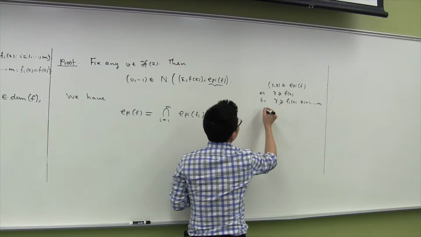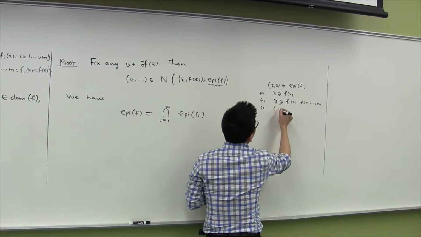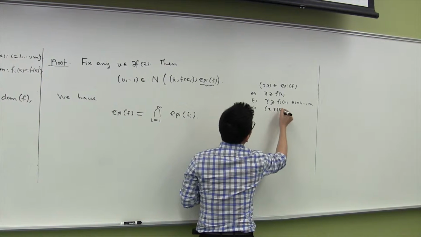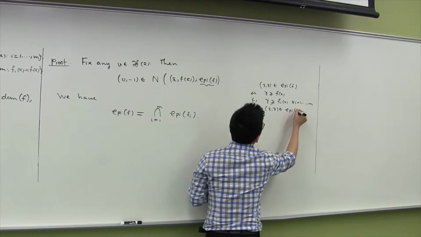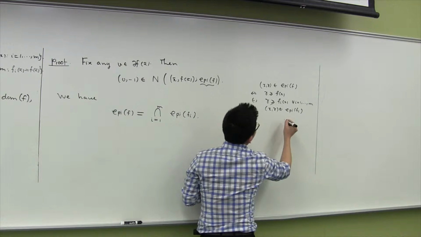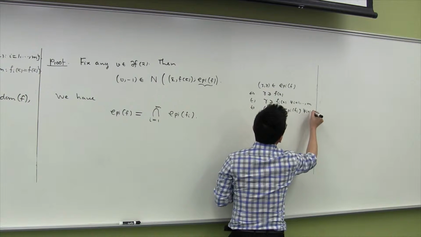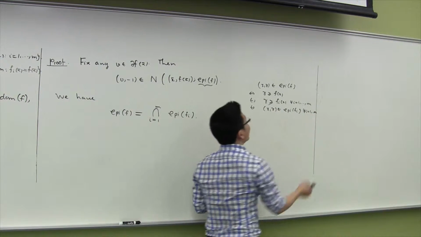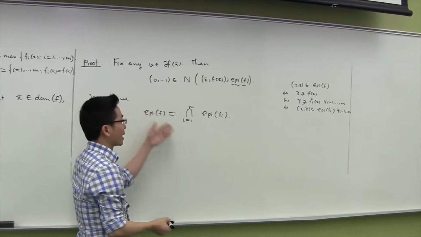And from here, we see that x, gamma belongs to the epigraph of fi for all i from 1 to m. And therefore, this equality holds.